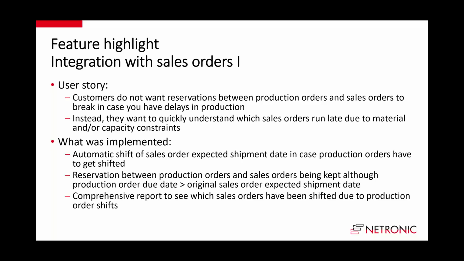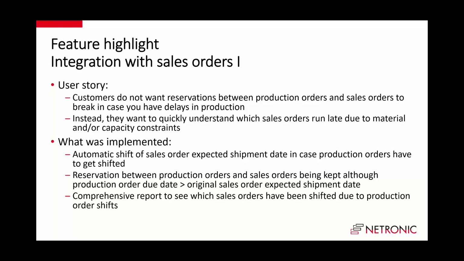So what we built is a capability, and you can switch this on in the VAPS setting, that whenever we shift production orders past the expected shipment date from sales orders, we automatically also move the expected shipment date on the sales order, so that we keep the reservations.